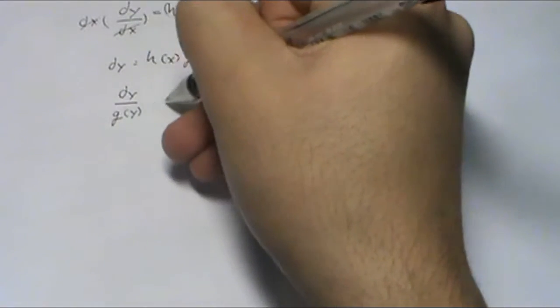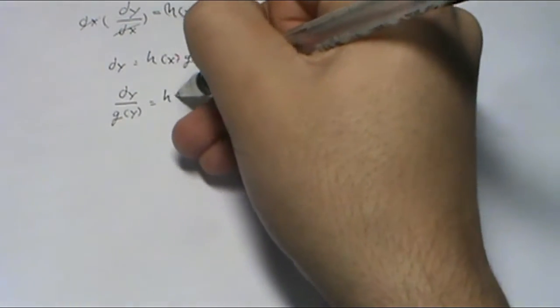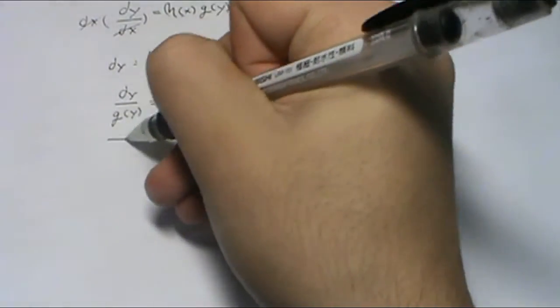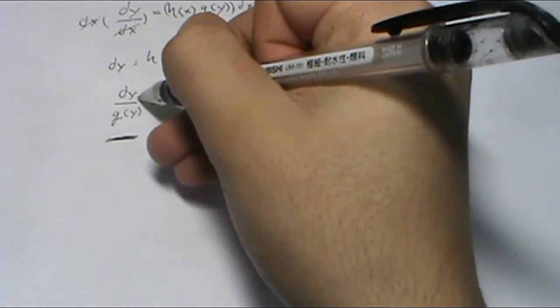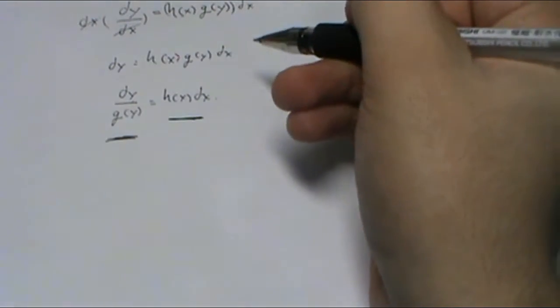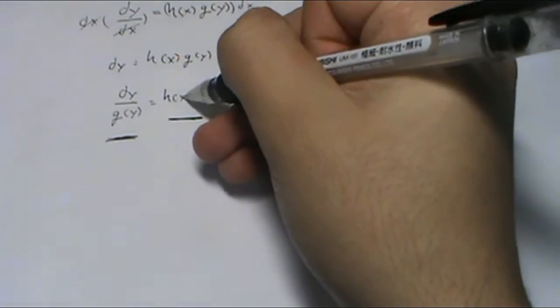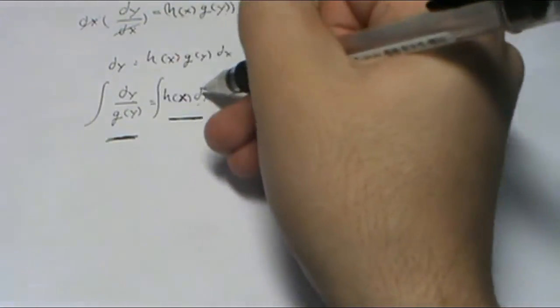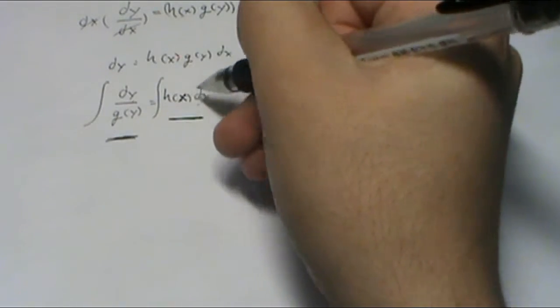So we have something like this, equal to this one. Now we can see that all the terms on this side are in terms of y, and this side is in terms of x. So we can just integrate this in terms of y and this in terms of x.